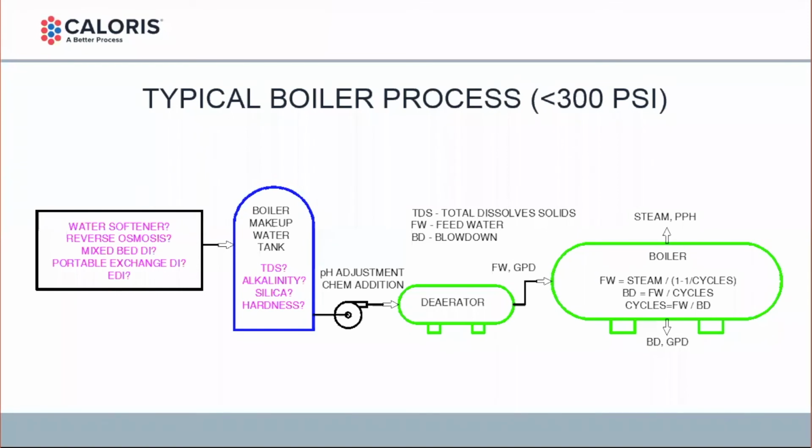What we're worried about on the boiler is the feed water and blow down, and most importantly, what kind of cycles that boiler is doing. Cycles is just going to be the feed water divided by the blow down. And you can see there are some various formulas I have shown here to get that.